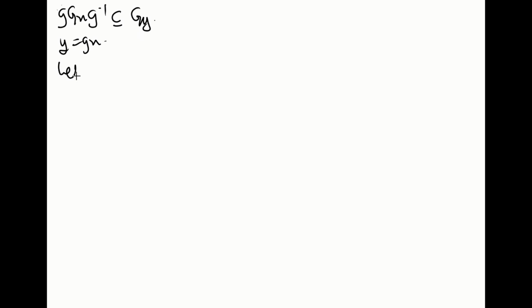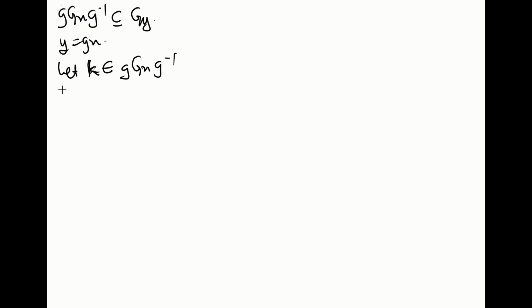Let's pick some element k to be in our G Gx of G inverse. So we have picked that our k is in G Gx of G inverse. Now if it is in this, what form is k going to take?